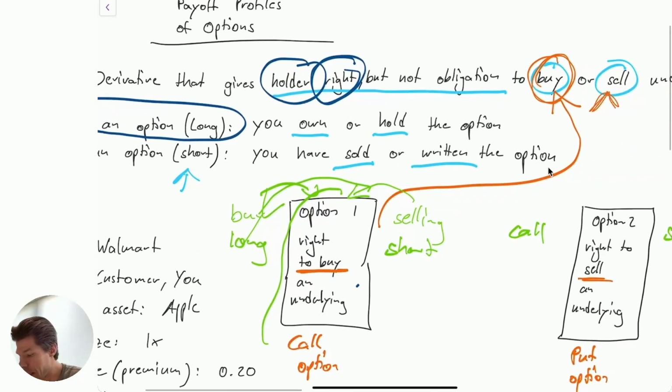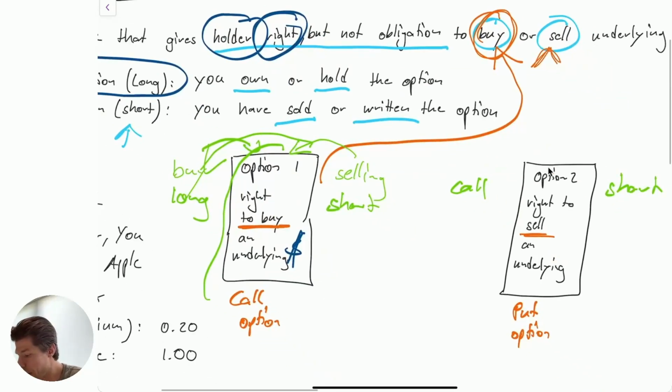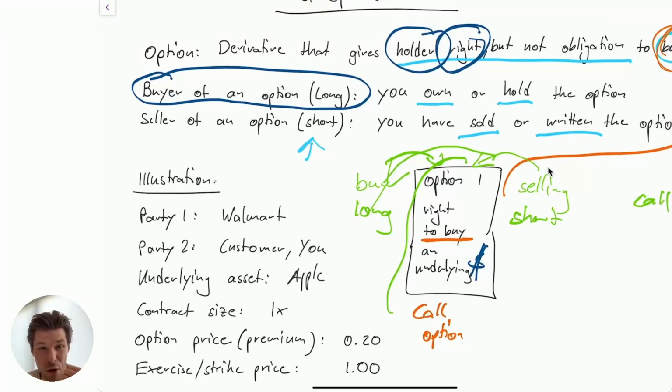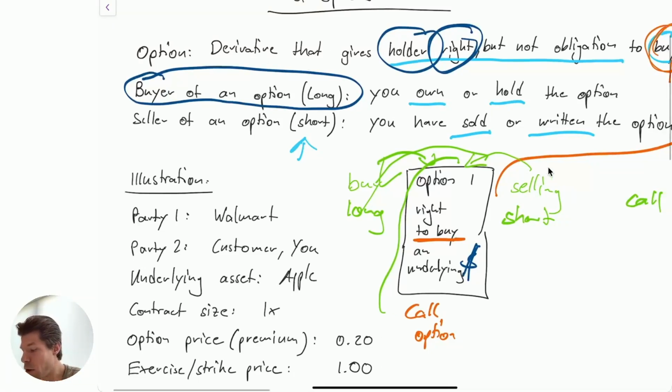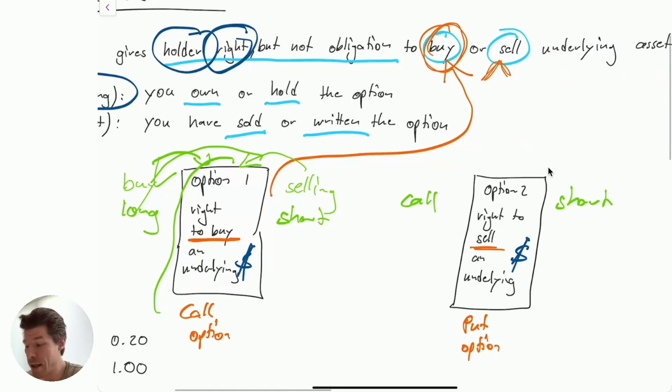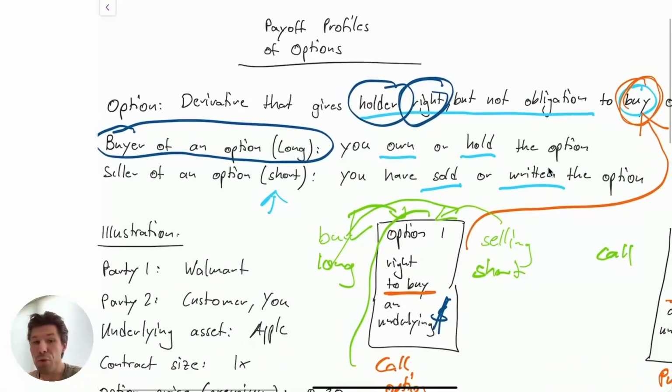You have paid money to get this contract type, or this document. So if you're the buyer of piece of paper number 1 or number 2, then only you have the right. The other side, the seller, cannot decide because the seller has received money to issue this contract.